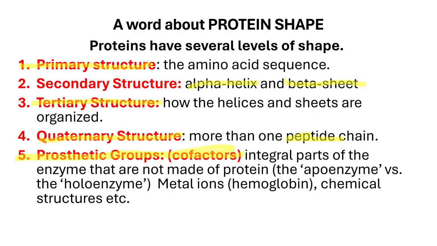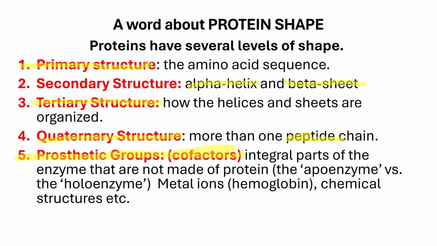The word prosthetic literally means that it's a piece of the whole, but it's not made of the same material. If you put a wooden leg onto a man, the man is made of proteins and amino acids and whatnot, but the leg is made of wood. It's made out of cellulose, so it's a prosthetic. It's an integral part of the whole, but it's not made of the same material that the rest of the unit is made of. So that's what a prosthetic group is, also known as a cofactor.